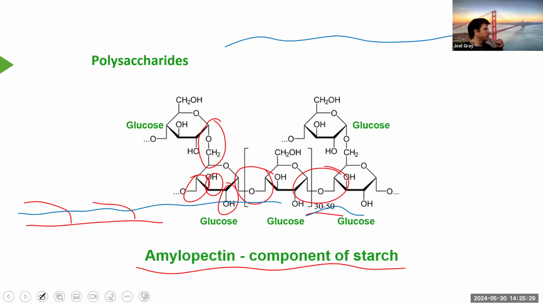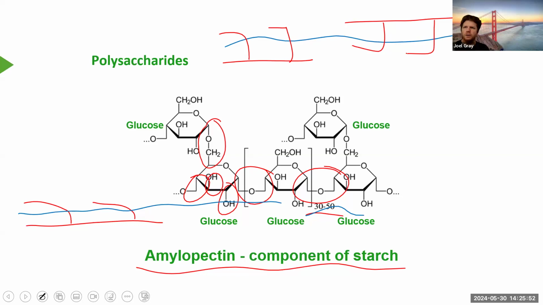What's that blue line represent? Amylose or amylopectin? Amylose. Now we've also got maybe something that looks like this, and then something that looks like this. Does that make sense? Okay, so you might have some complicated network like that.